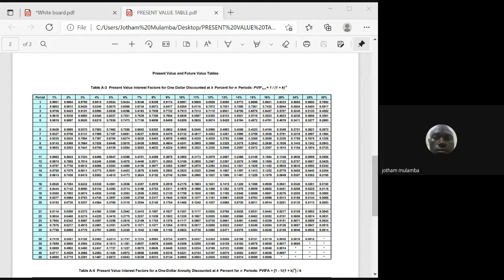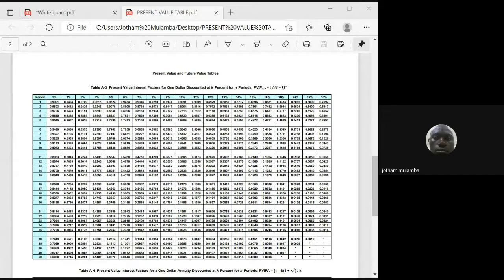In that case, we usually use internal rate of return to evaluate and see how much we are going to get from the project. Then we can compare with the cost of financing that particular project. If the cost is higher than our rate of return, then we don't invest in that project.